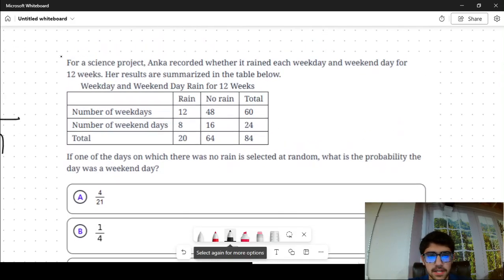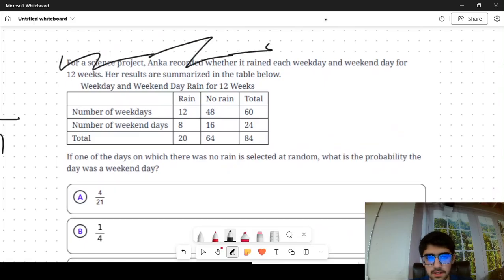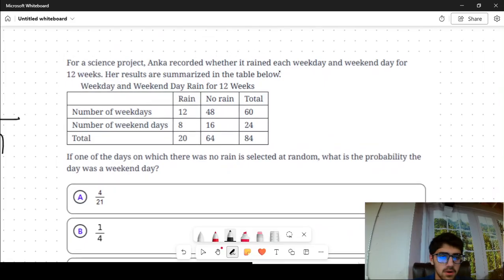This one again, you can just ignore all of this. And then it asks you, if one of these days on which there was no rain is selected at random, what is the probability the day was a weekend day? So right here, this is one of the questions where you have to pay attention to the total outcome. It says, if one of the days on which there was no rain is selected at random.